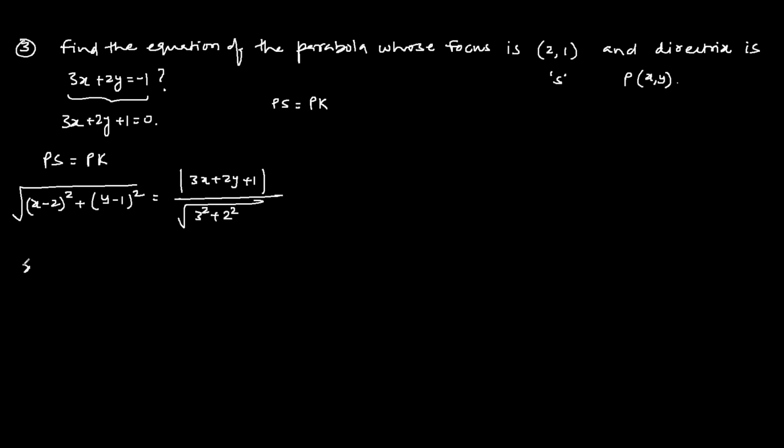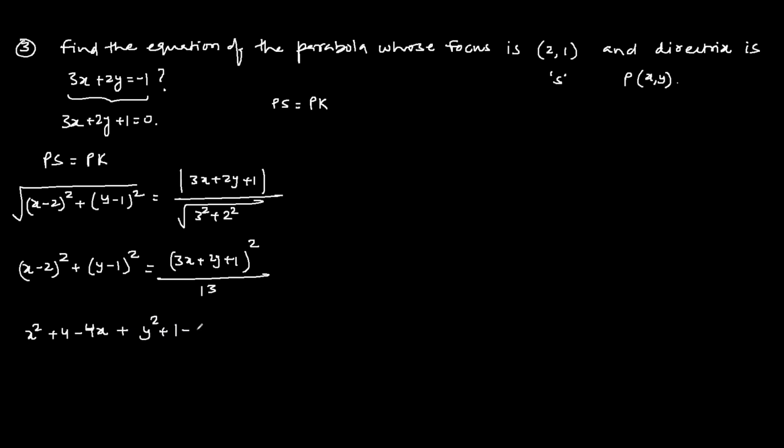Now squaring both sides, we have (x minus 2) square plus (y minus 1) square equal to (3x plus 2y plus 1) square divided by 3 square, which is 9 plus 4, which is 13. So now let's expand this. (x square plus 4 minus 4x plus y square plus 1 minus 2y) into 13 equal to (3x plus 2y plus 1) whole square.